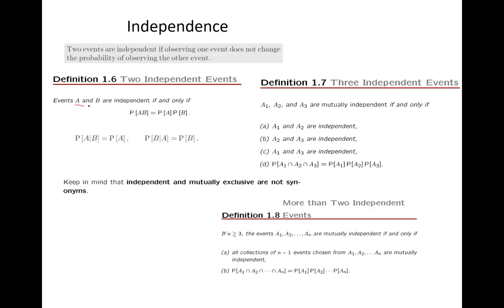If we have two independent events, A and B, then probability of AB will be probability of A times probability of B. Similarly, from here, probability of A given B will be probability of A because A is not dependent on B. Probability of B given A will be probability of B.